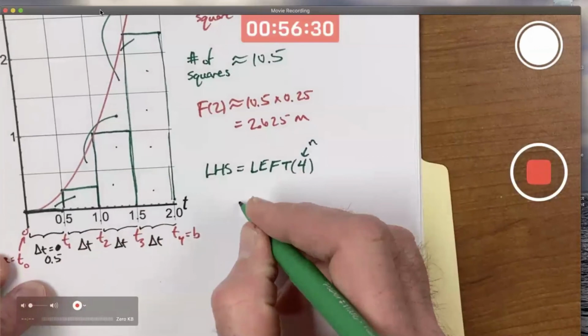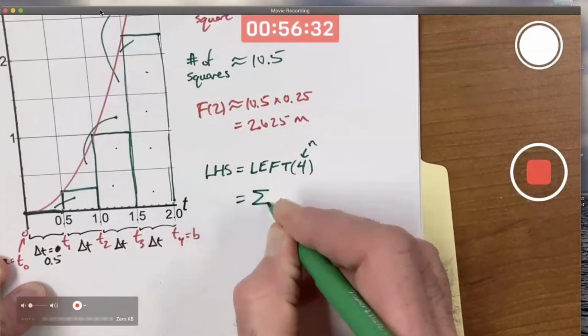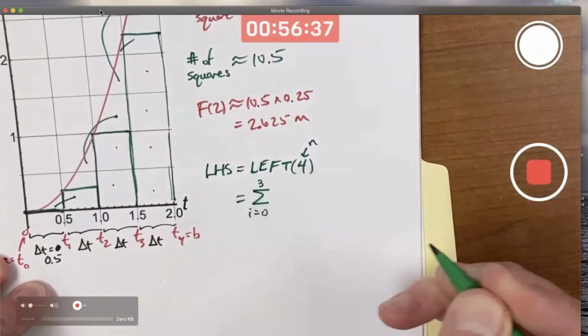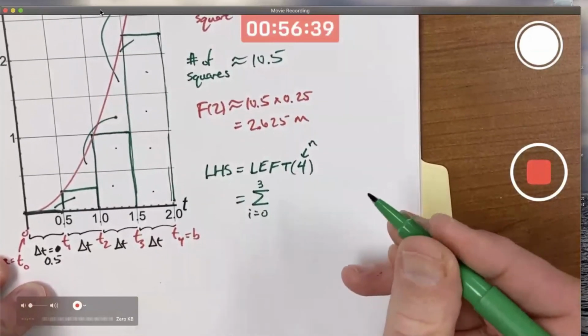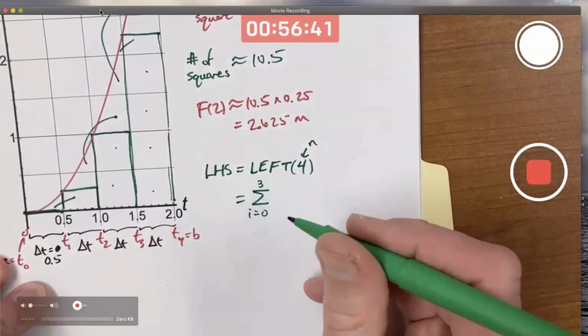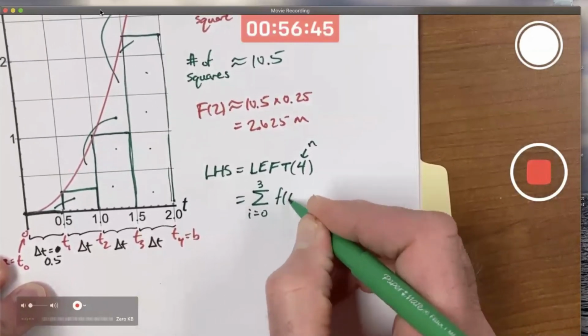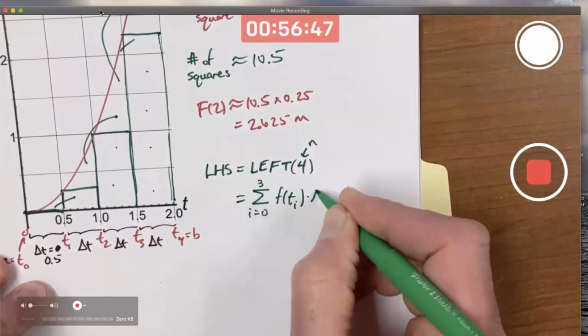In summation notation, I could write summation, i goes from 0 to 3, actually, of f of t_i times delta t.